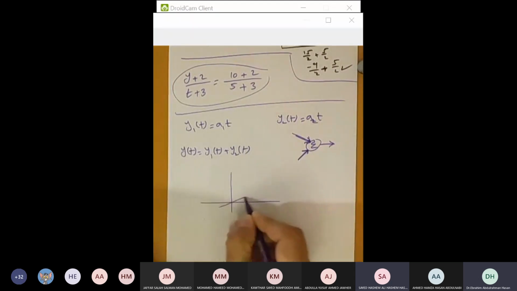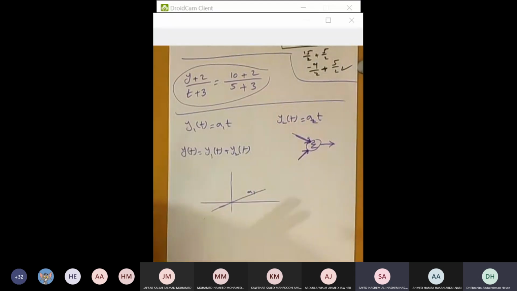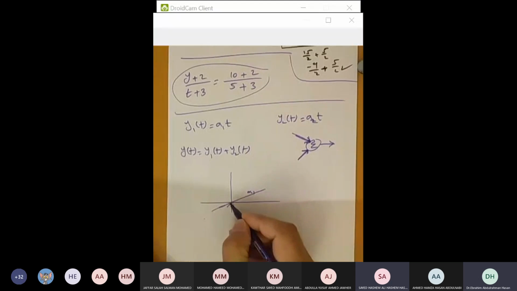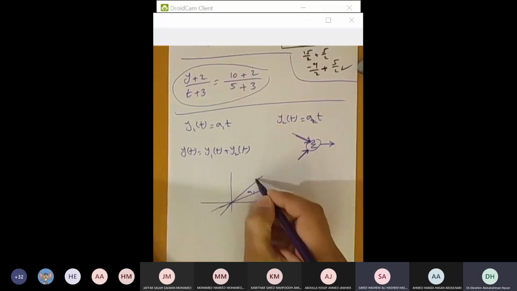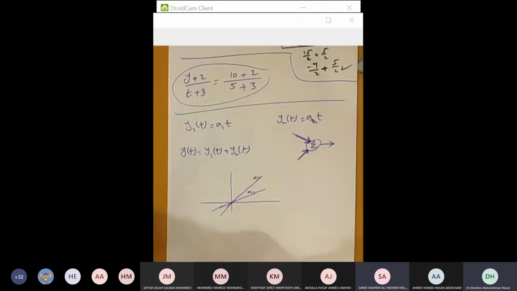If this is signal number 1 with a slope equal to a1, and this one is signal number 2 with a slope equal to a2, then adding these two together, I will get a straight line but with a different slope.